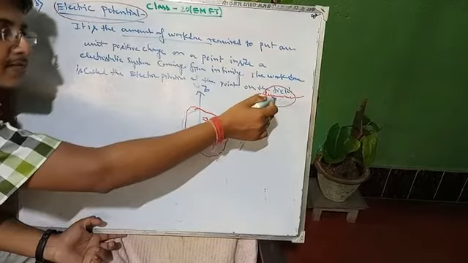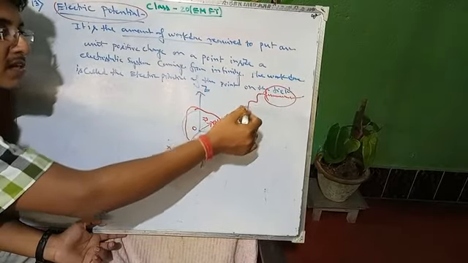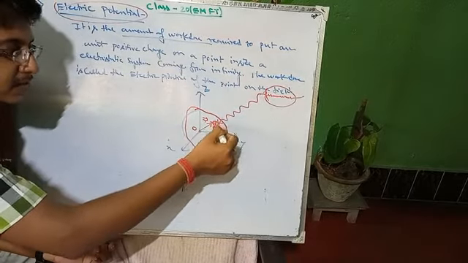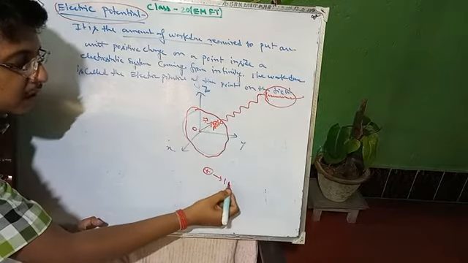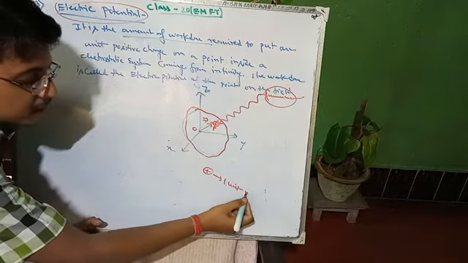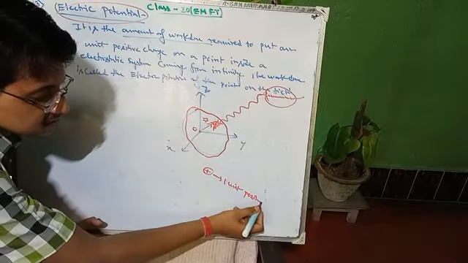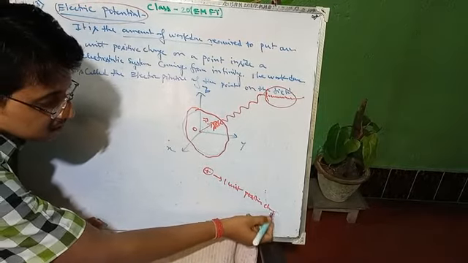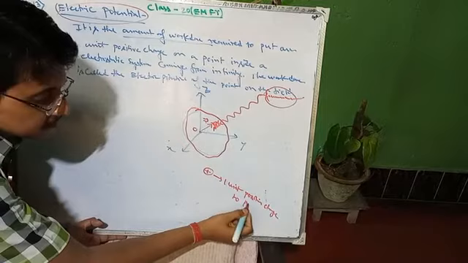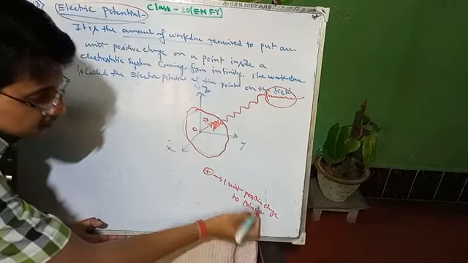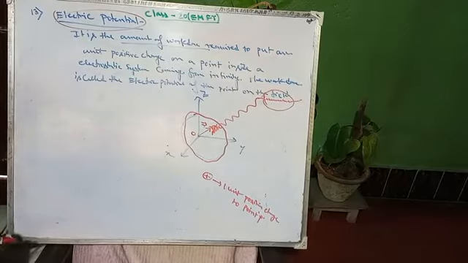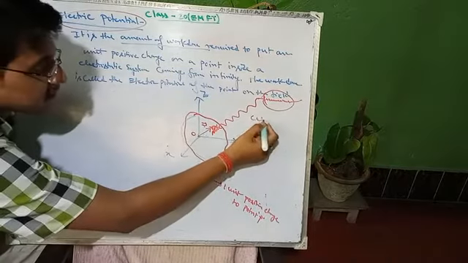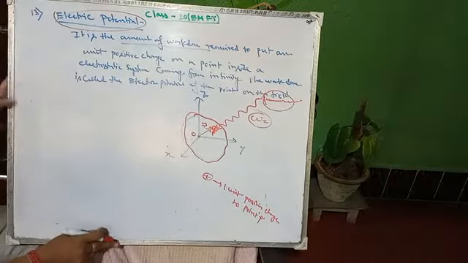From infinity we need to put a unit positive charge, 1 unit positive charge, to point P. The amount of work done required is called the electric potential.